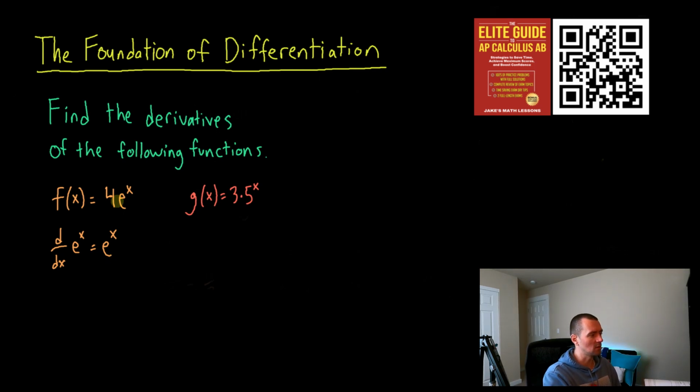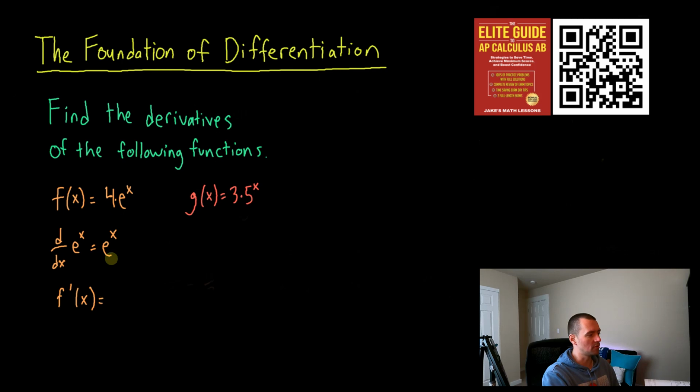In this case, our f of x is a constant number 4 times e to the x, though. So there's one other piece to think about, which is this constant out front, our constant coefficient. I actually talked about this in yesterday's video too. If you have some constant coefficient times some function, and you're trying to take the derivative of the whole thing, you're essentially just going to carry that constant coefficient through as a constant coefficient in the derivative as well.